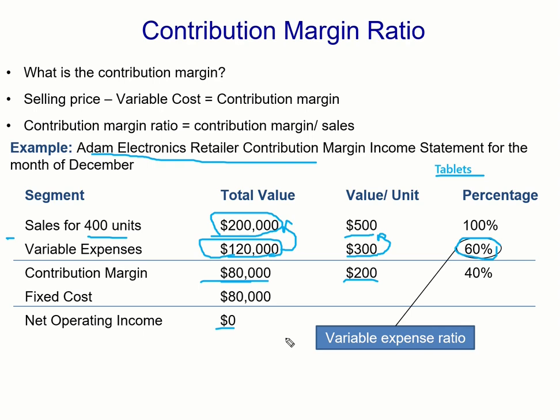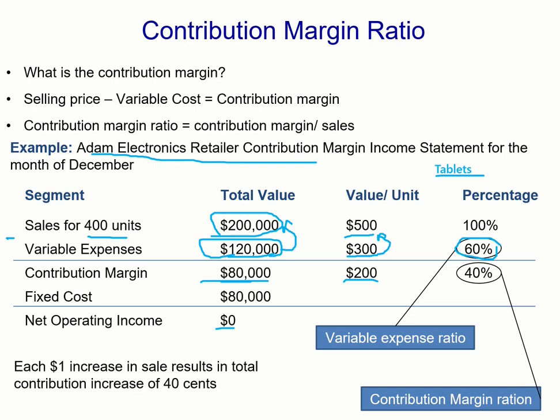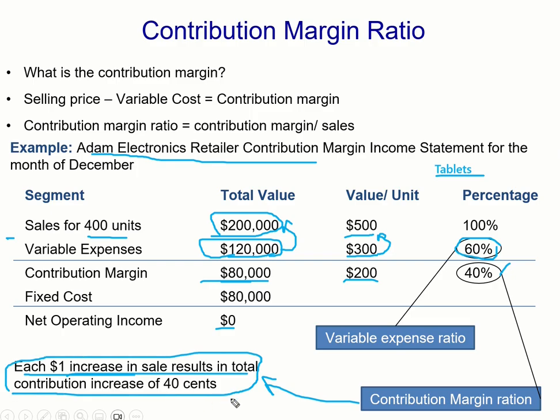You can go back and forth, and we'll see in an example later how we can go back and forth between those two ratios. Now, what does it mean that we have a 40% contribution margin ratio? It means each dollar in sales that we generate results in a contribution margin of 40 cents. So every time we sell $1, we add 40 cents to our contribution margin.